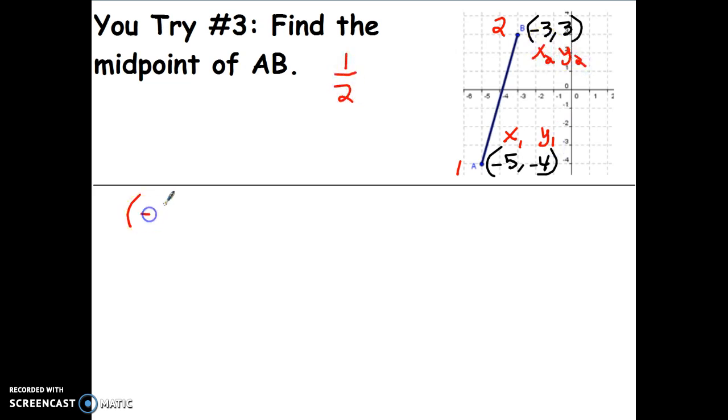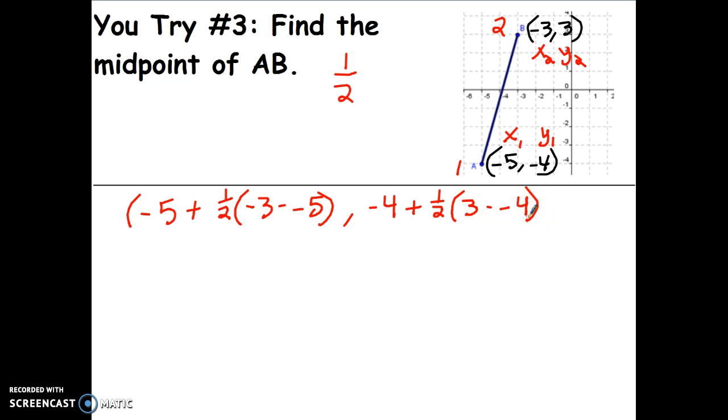Our x1 is -5 plus 1/2, parentheses. x2 is -3 minus x1 is -5. y1 is -4 plus 1/2. y2 is 3 minus y1, which is -4.